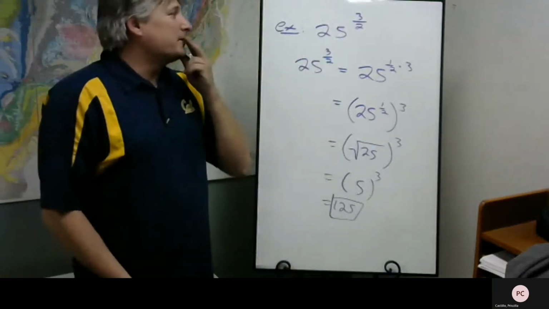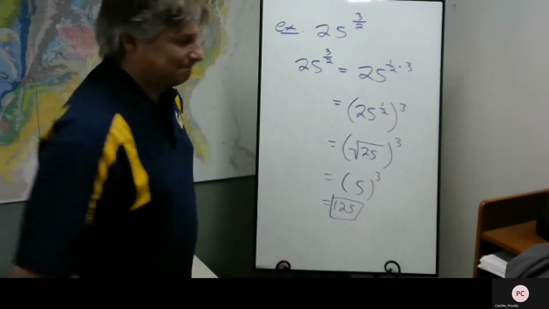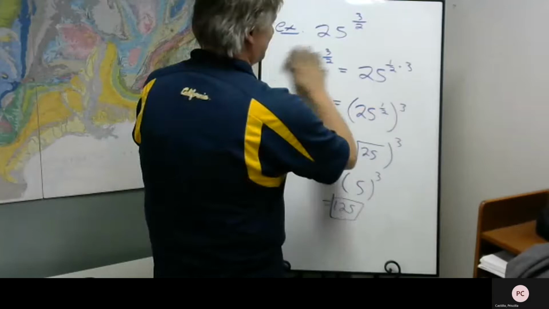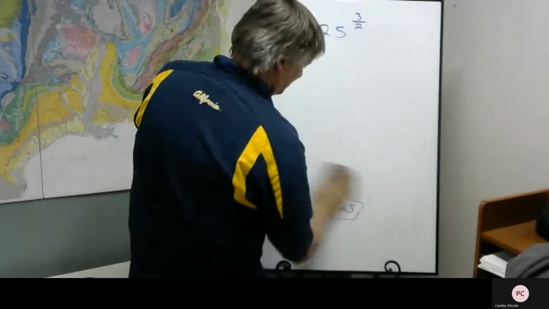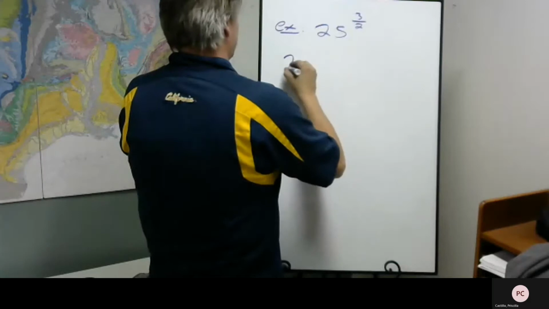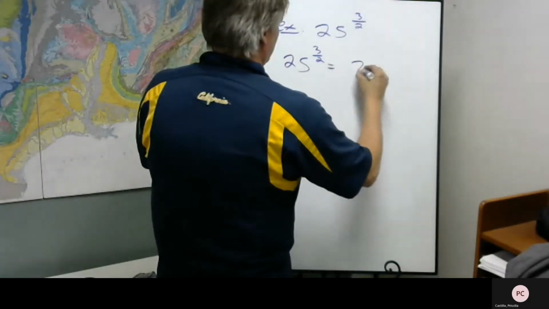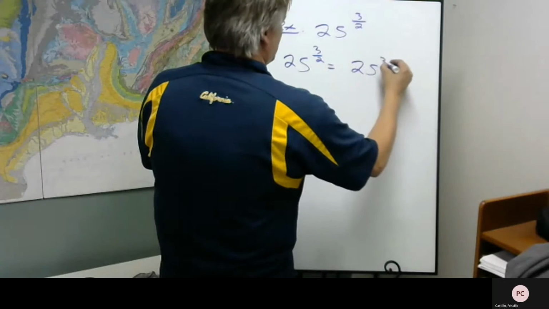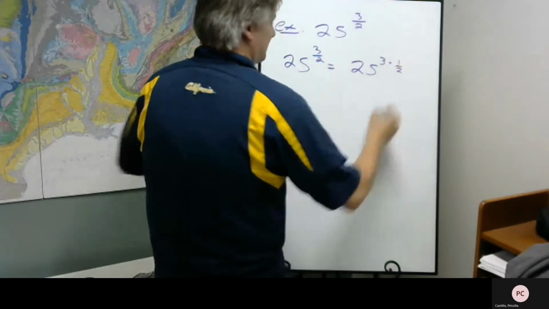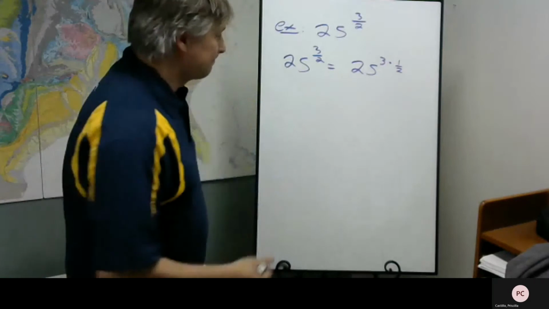Now, this is the easy way. We could do this the hard way. Let me show you. We could have said this because multiplication's commutative, the order doesn't matter.